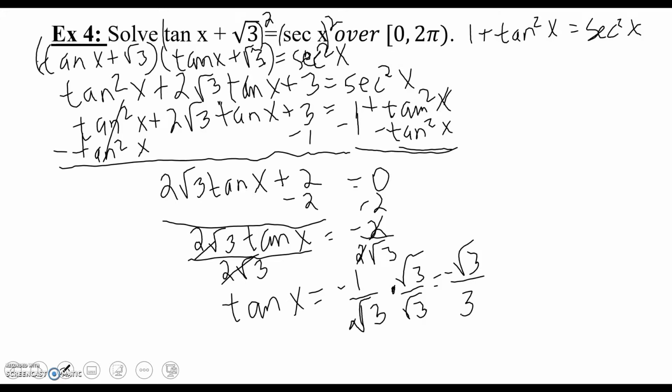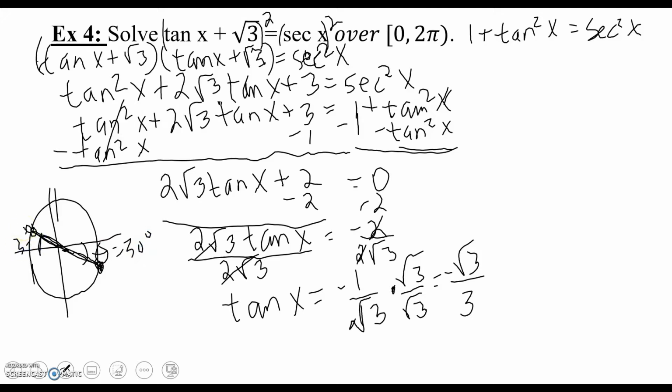However, we want to know where it is negative. So if we look at our unit circle, tangent is negative in quadrant 4, but also in quadrant 2. So it's going to be here and here. And our reference angle, remember the reference angle is from the x-axis, is 30 degrees here. So if I want to find those two angles that give me tangent to be negative square root of 3 over 3, then for quadrant 2, I would do 180 minus 30, which is 150 degrees.